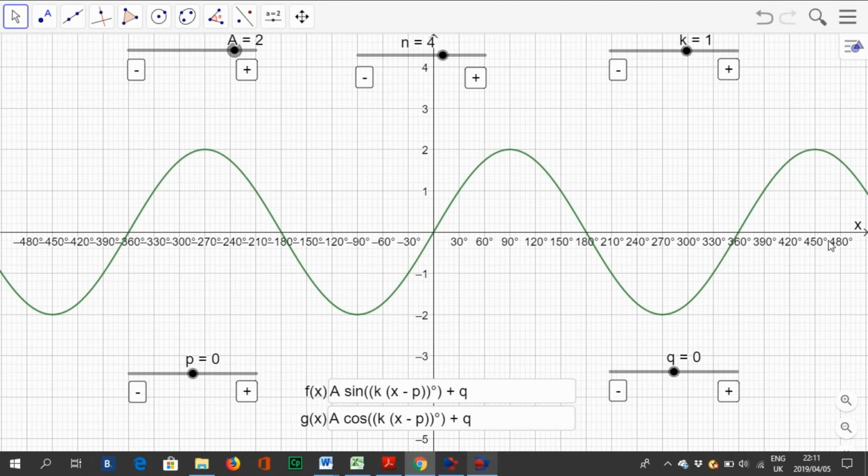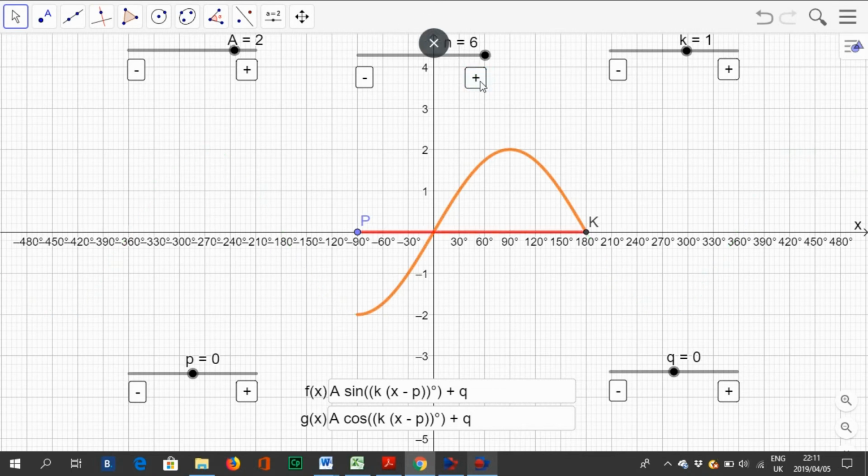But in general, when we deal with trig equations, this graph will be bounded by a specific domain. Now, if you look at the situation between the point P, which is minus 90, and K, which is 180, we can have a graph. And in that case, we will have bound our domain to between minus 90 and 180.